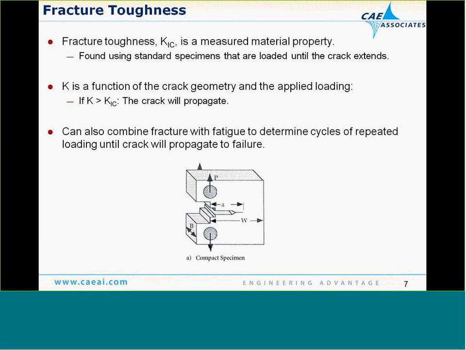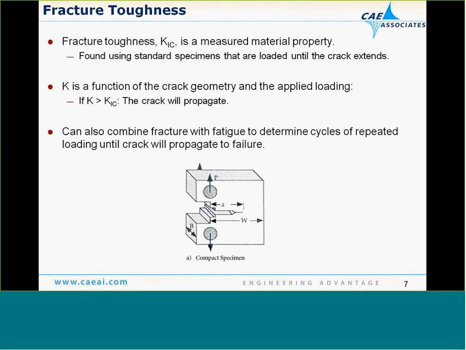Let's talk about fracture toughness real quick. Fracture toughness is a material property, so it's just like the modulus or Poisson's ratio or density or anything else. It's a measured material property, and it is usually found through different standard specimens. A compact specimen, shown below, is an example of one.